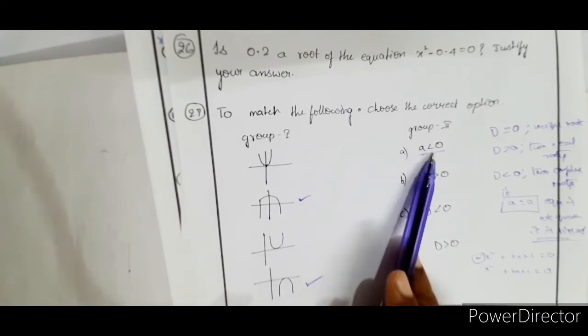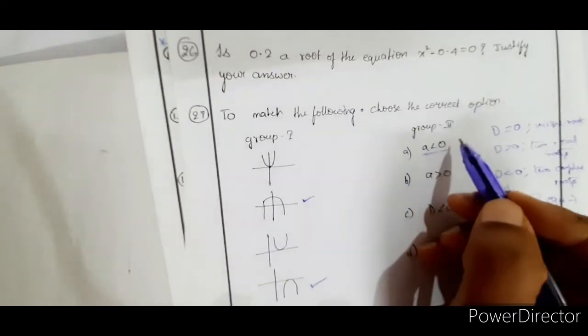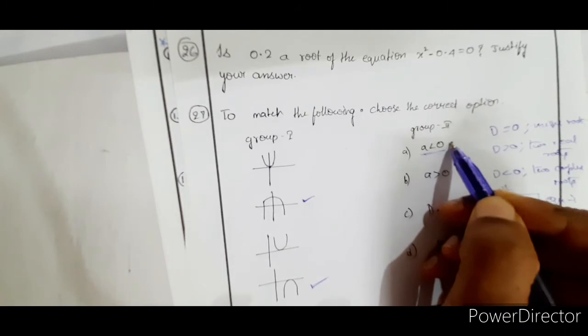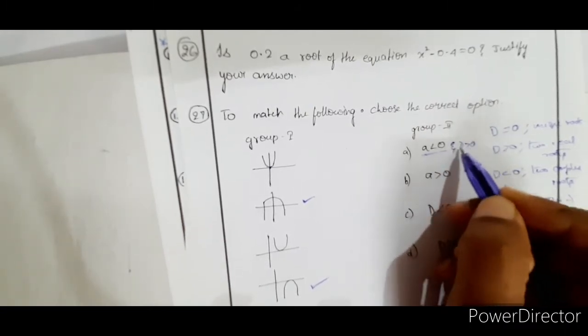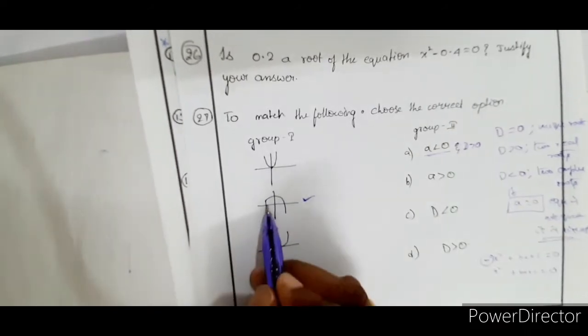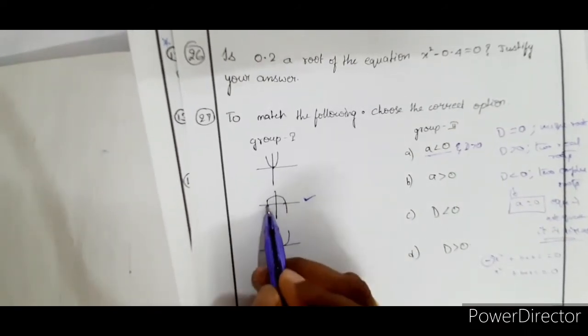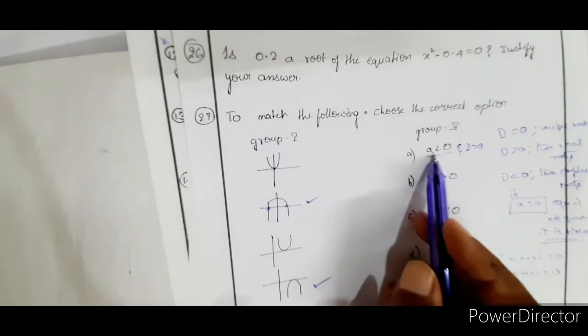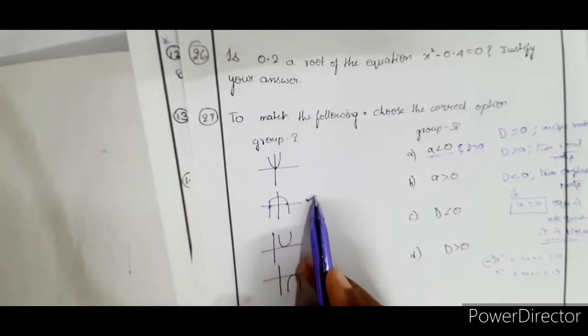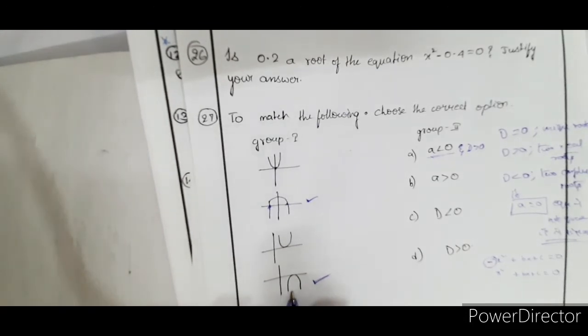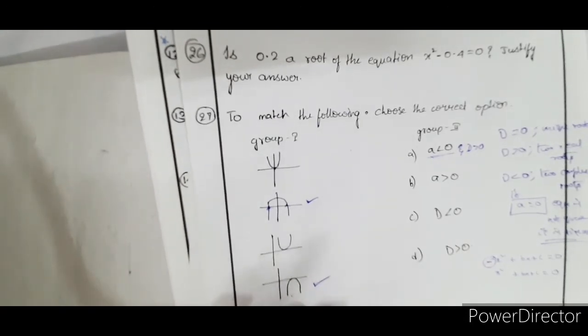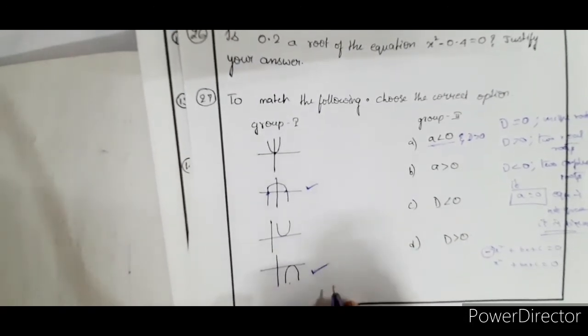Like when a is less than 0, so make a correction here, and d greater than 0. So if d is greater than 0 only, you will have 2 x values, right? So 2 x values with a less than 0 means open downwards. Right, and then here this is also a less than 0 condition, no doubt in that. It is a less than 0, right?